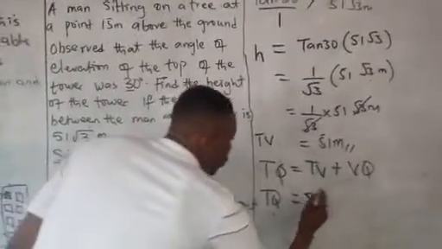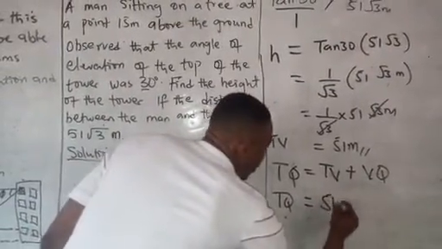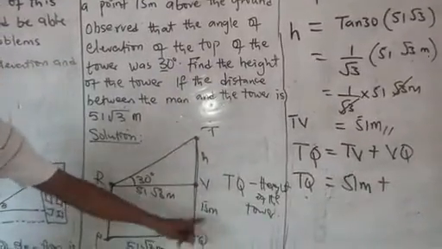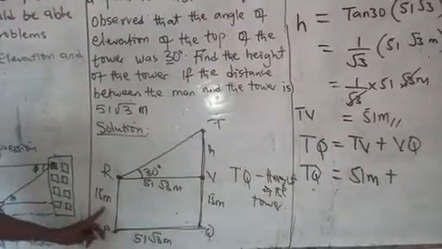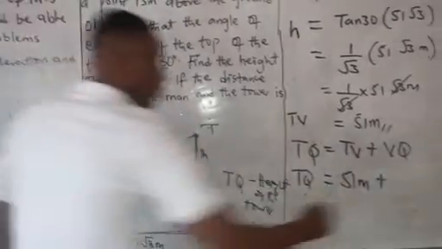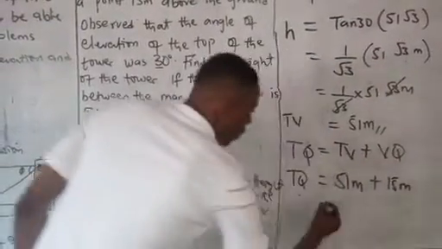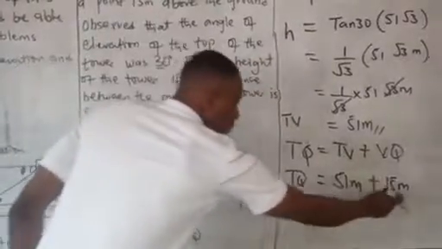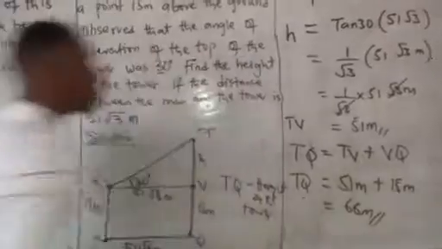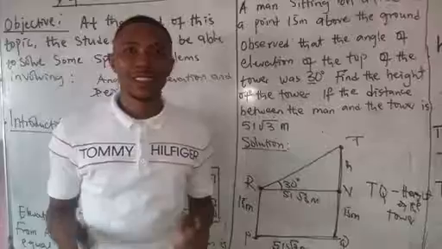So that should be 51 meters plus VQ, which is 15 meters, because the height of the tree and the height from here to here is 15 meters. So when you add the two of them, 51 plus 15 will give you 66 meters. So that is it.